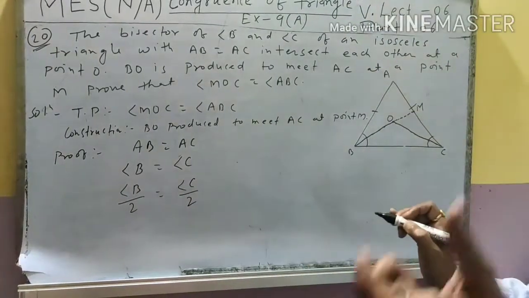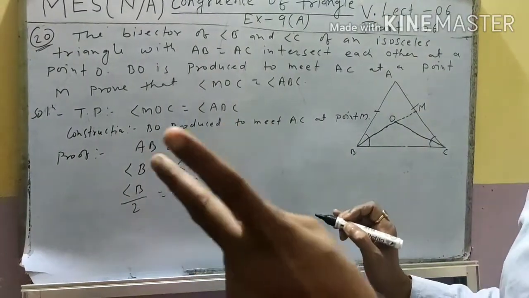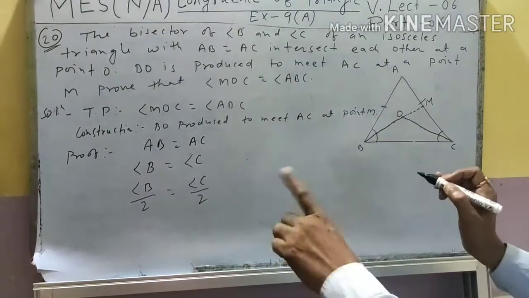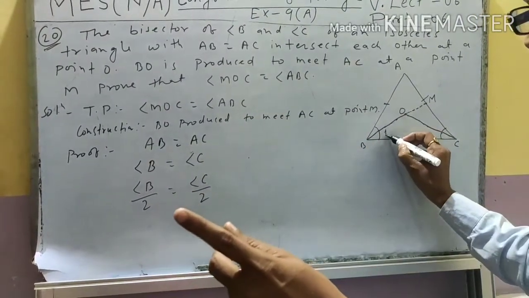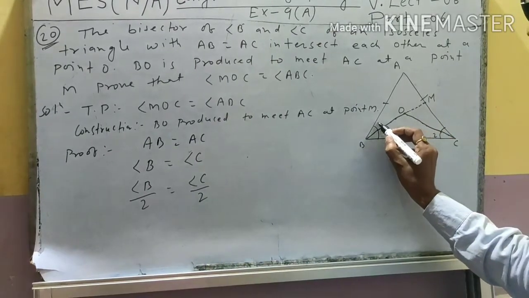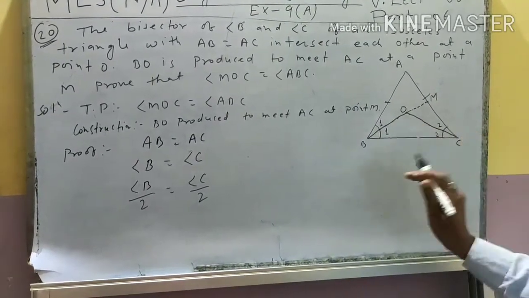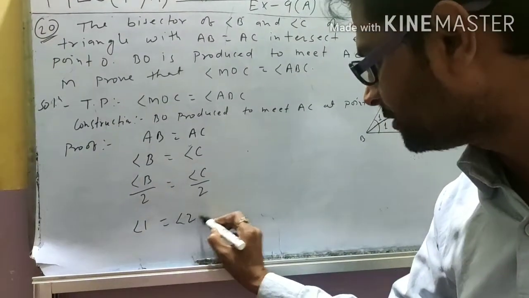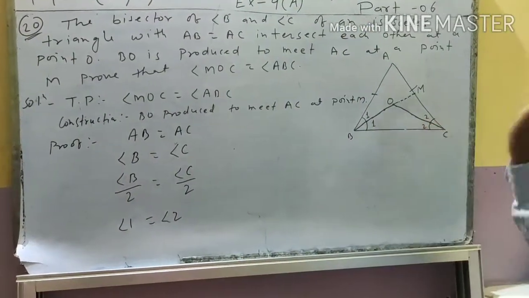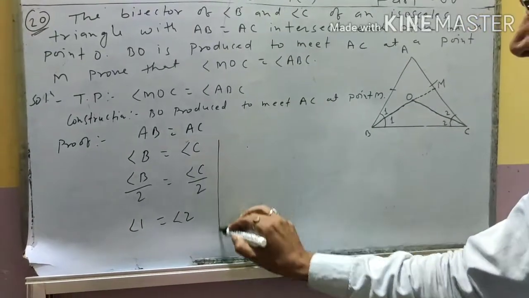Angle B divided by 2 means angle B is divided into two parts by the bisector, and the same for angle C. This is 1 and this is 2, this is also 1 and this is also 2. So we can write angle 1 is equal to angle 2. This is the first thing.